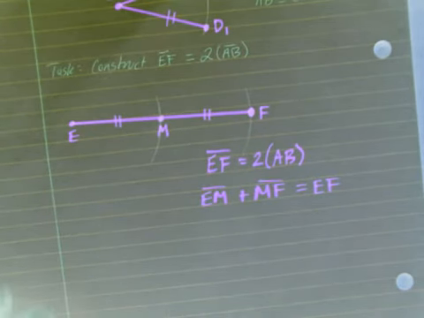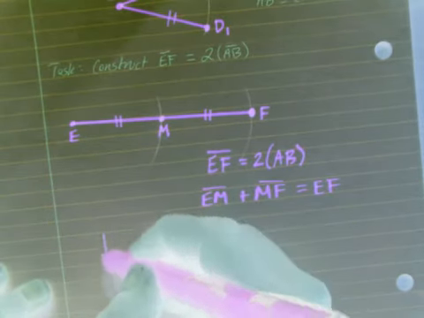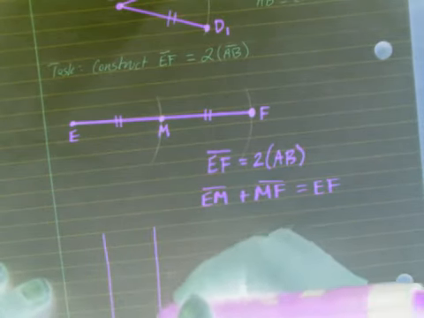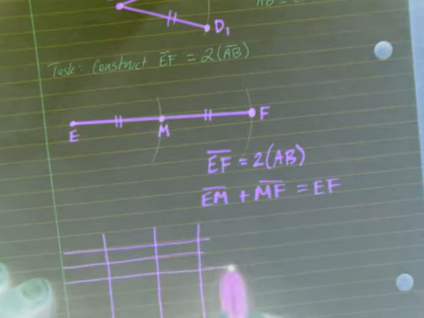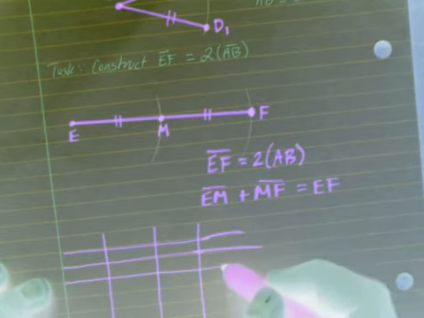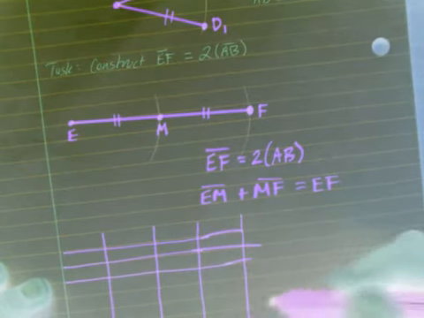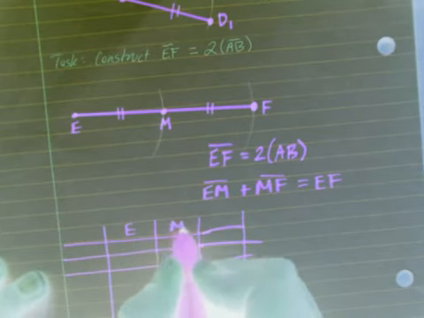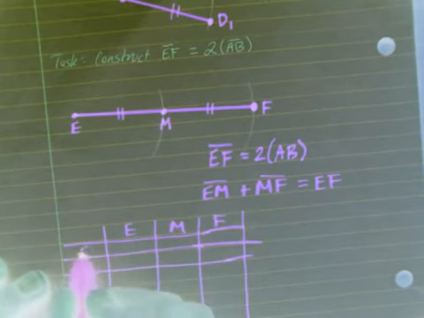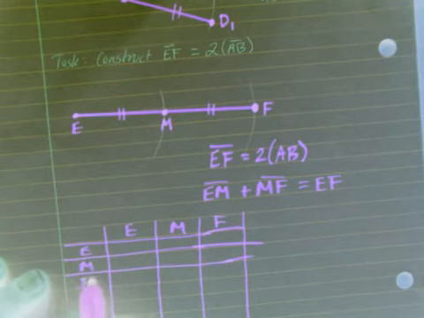Okay. Now if you had to keep track of these measurements in a table, which you're going to have to today, what you would do is create a table. You would title it, and put your points along the top, so E, M, F, and E, M, F here.